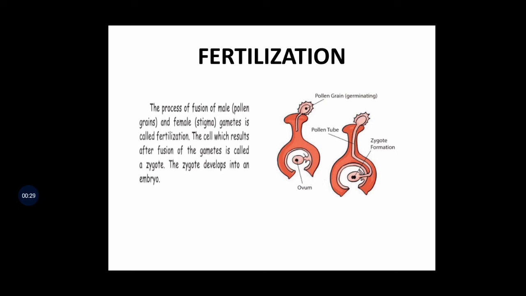Male gametes are pollen grains and female gametes are stigma. When this pollen grain mixes with the stigma, it will result in a zygote. So the fused portion we call a zygote. After some period of time, the zygote will slowly develop into an embryo.